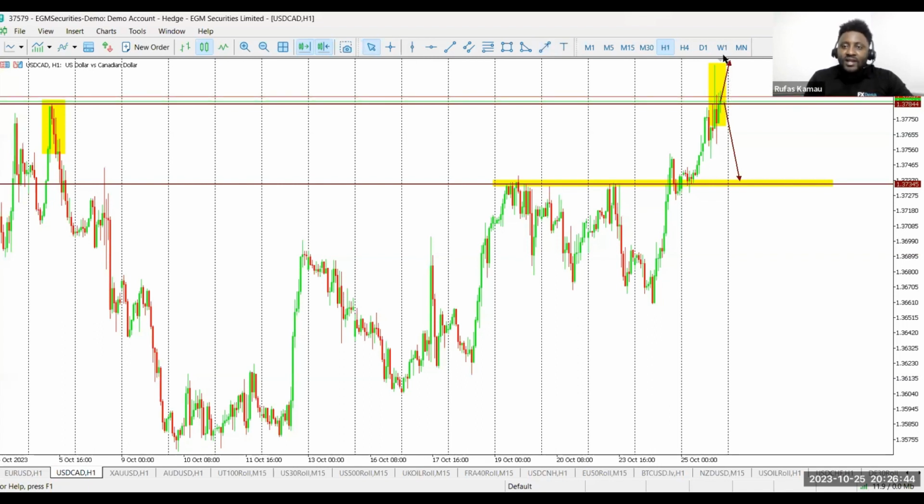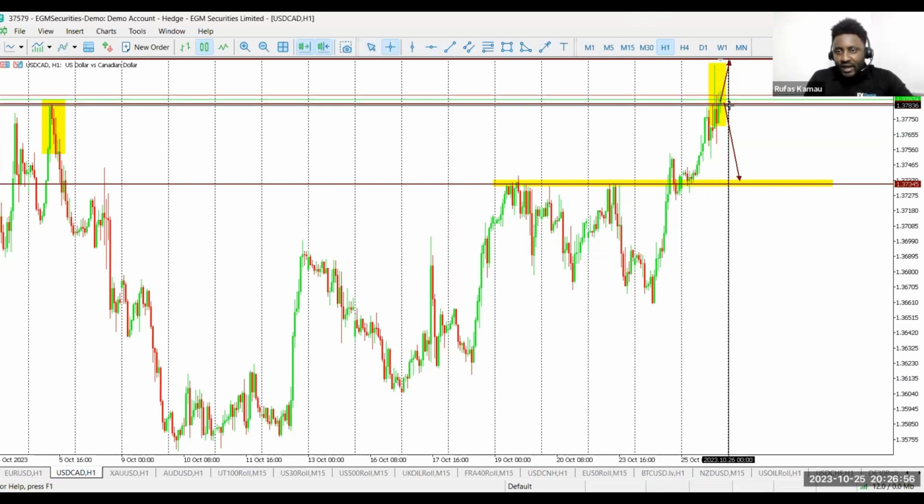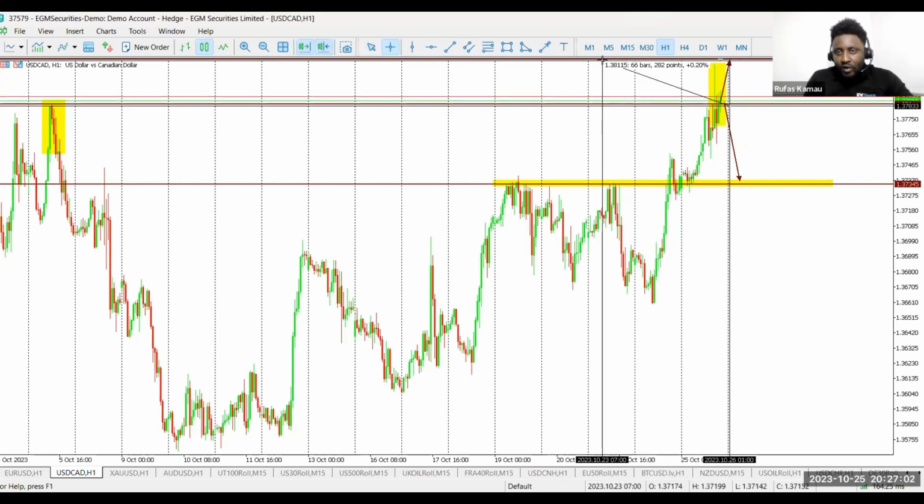So if price rises above this area, then our initial idea is nullified, meaning that we don't have confidence that the market will go up. So in this case, from this area going up, if you were to set a stop loss, it would be worth around 282 points.